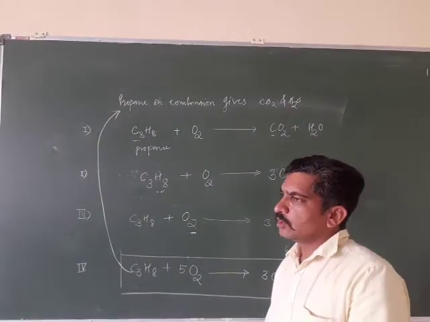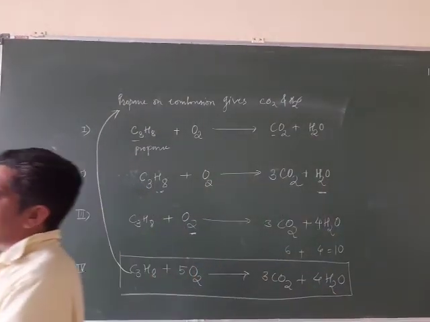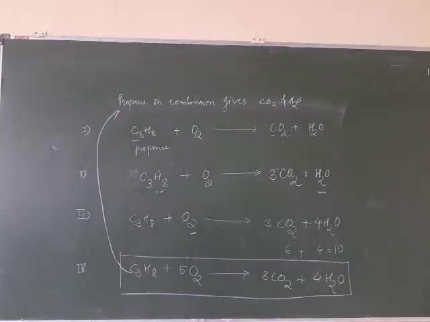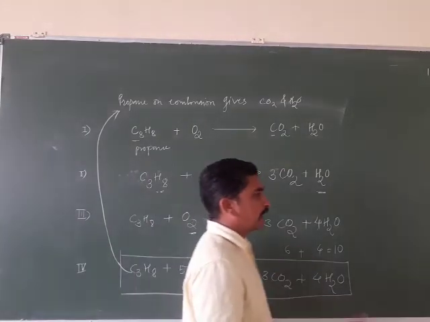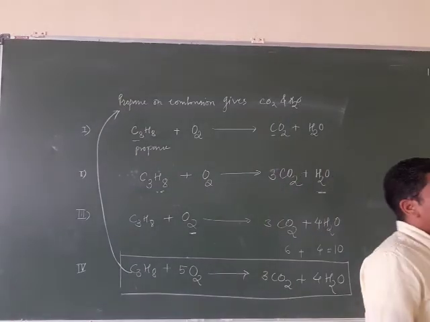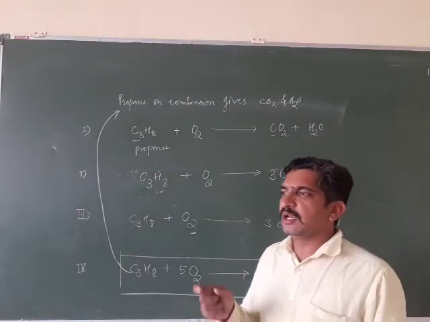I hope you have understood how to balance a chemical reaction and what is meant by stoichiometry and stoichiometric calculations. Stoichiometric calculation is nothing but the quantitative measurement of the elements taking part in the chemical reaction, the quantitative measurement of reactants and products in the balanced chemical equation.